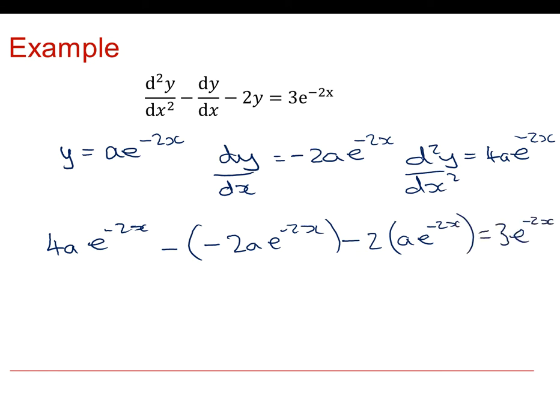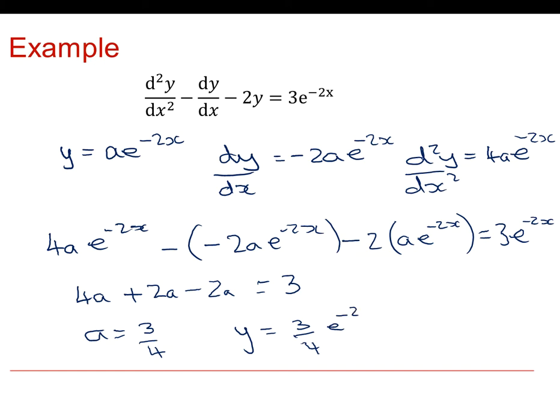Dividing through by the factor of e to the minus 2x would give us 4a plus 2a minus 2a equal to 3. So a will equal 3/4, and the particular integral will be y equals 3/4 of e to the minus 2x.